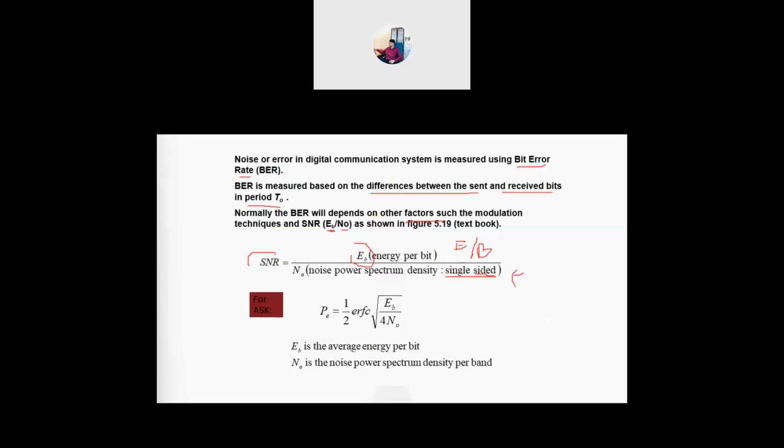So this one is for ASK only. So probability of error, the probability that we will see an error bit. For example, this is the one that we receive, the one that we send.